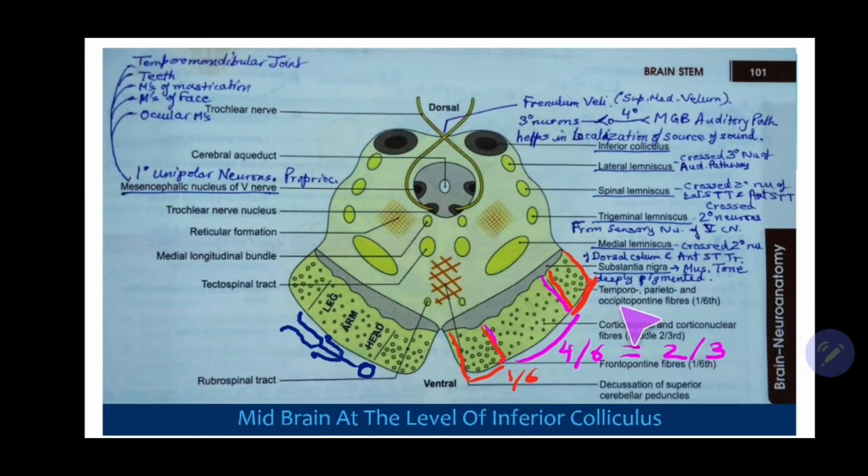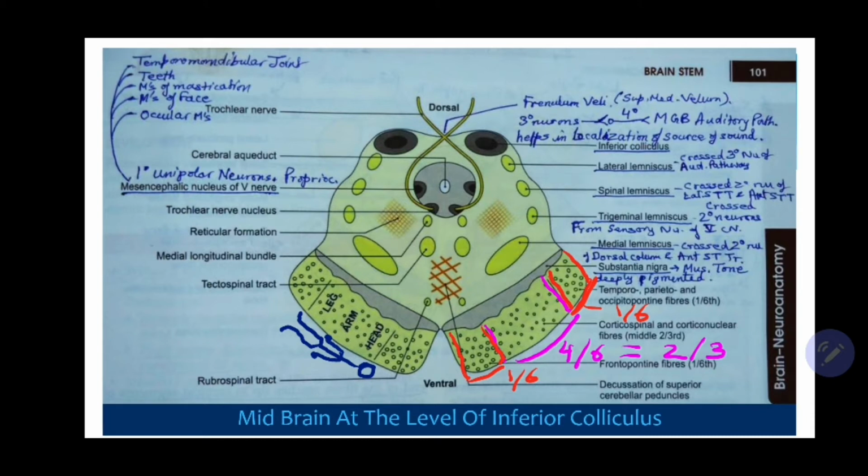So temporopontine, parietopontine, occipitopontine fibers, they all descend in the lateral 1/6 of the crus cerebri. From there, all these fibers from different lobes of the cerebrum reach the pontine nucleus. So if you talk about corticopontine fibers, only the frontopontine are in the ventral-most portion, ventral 1/6, while the rest of the lobes, parietal, temporal and occipital, are all descending down.